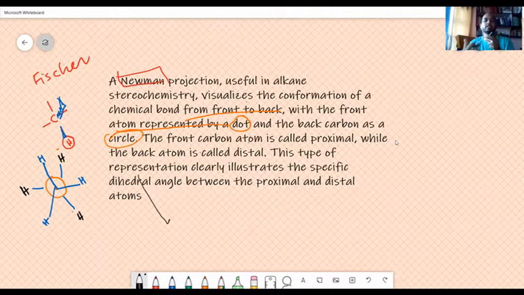These are the 3 hydrogen atoms, and these are the 3 hydrogen atoms.